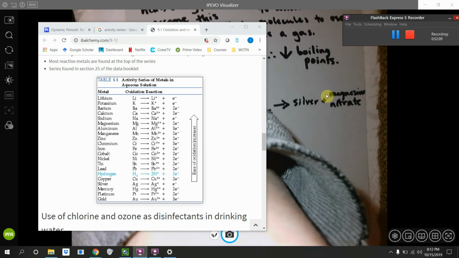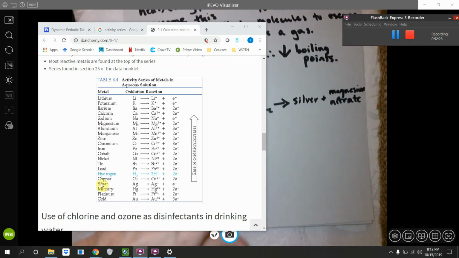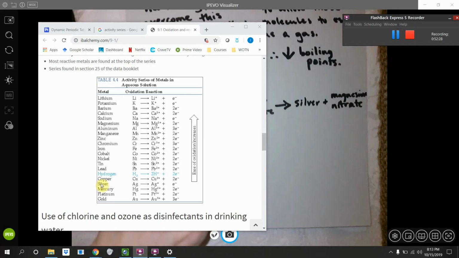Here's an activity series. So we want to compare our magnesium and our silver. So you'll notice that magnesium is here and silver is down here. You should have your copy and it'll be ready for the test, ready to bring in. But for now we can take a look at this one. It works the same way: the higher up on the list, the better it is at reacting. So we have magnesium that is above silver.